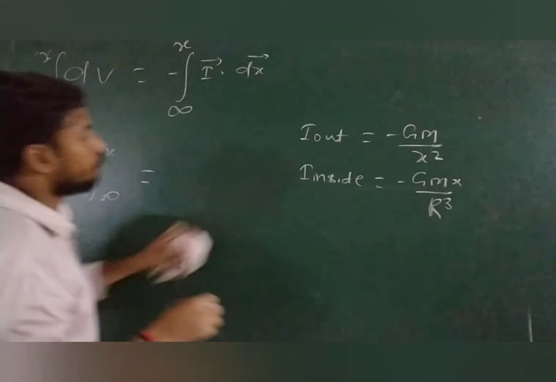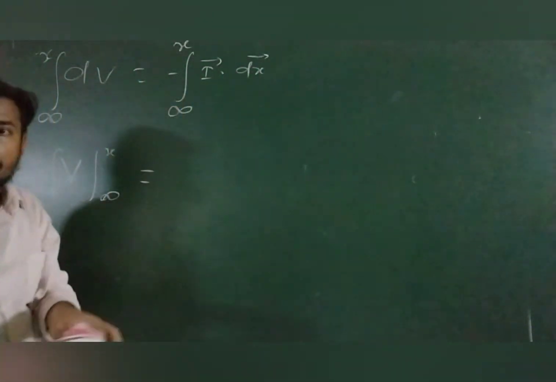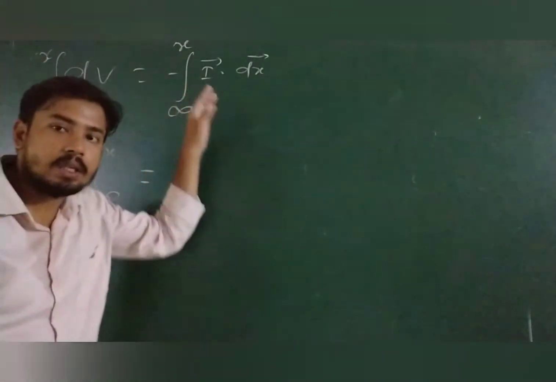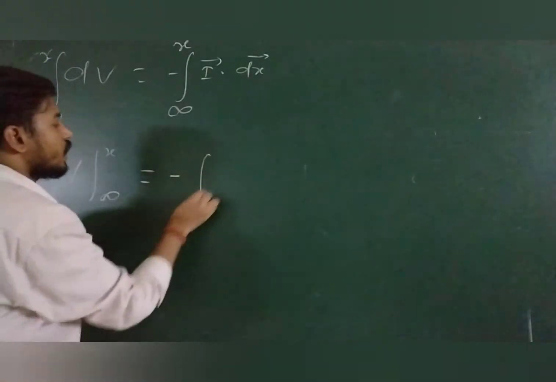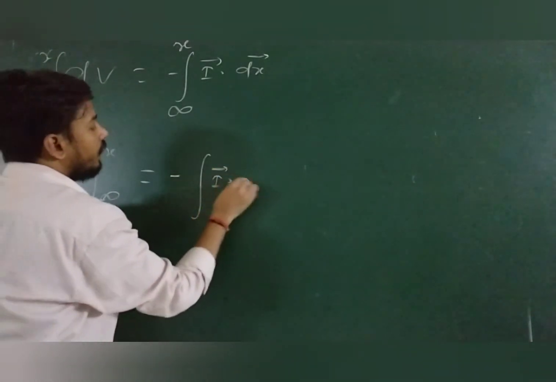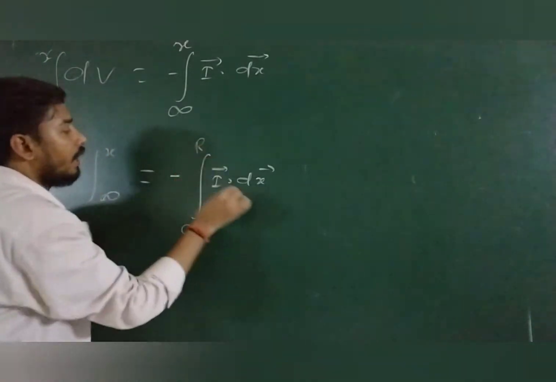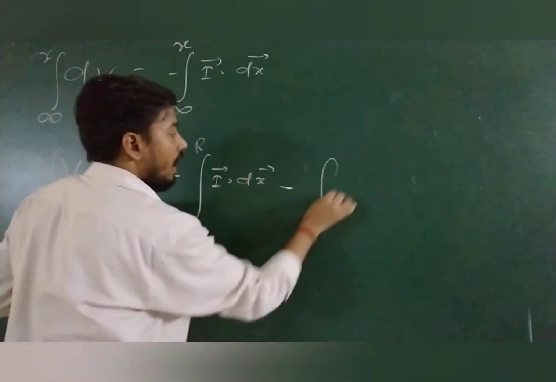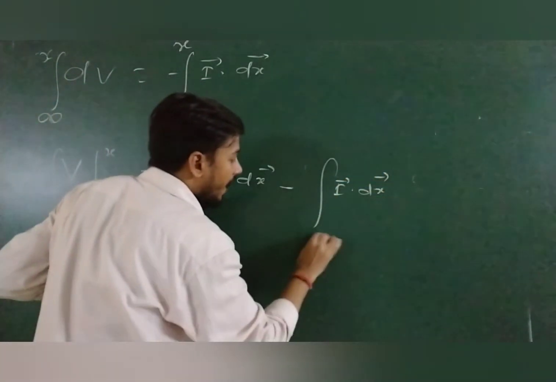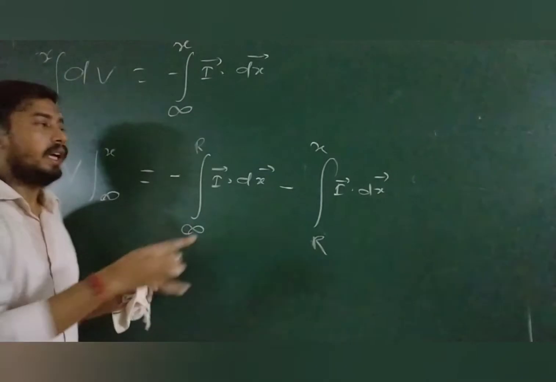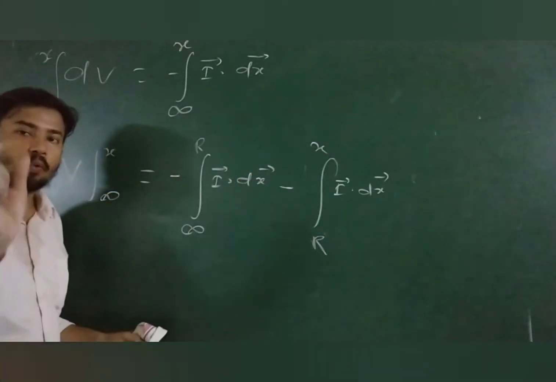No issue. Here I will break this path. You have to move from infinity to x, but I will break this path like this: minus I dot dx from infinity to r, and minus I dot dx from r to x, because I told you infinity to the surface, then the surface to that required point.